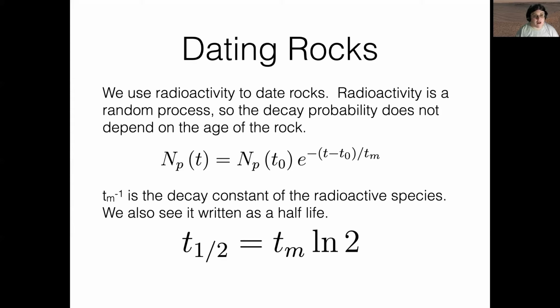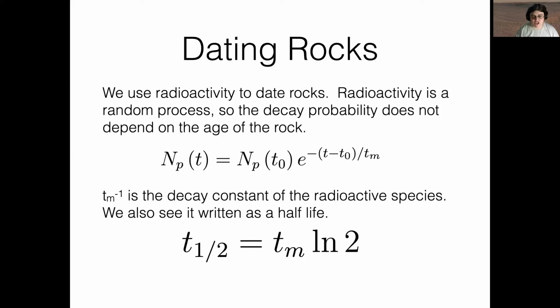And that lambda, or the 1/T_m, is what we call a decay constant. Now, a lot of times we don't talk about that. We talk about what's called a half-life. So instead of the 1/e time, the time it takes to go from 100% to 1/e times 100%, we often talk about the half-life. How long does it take to go from 1 to 1/2?